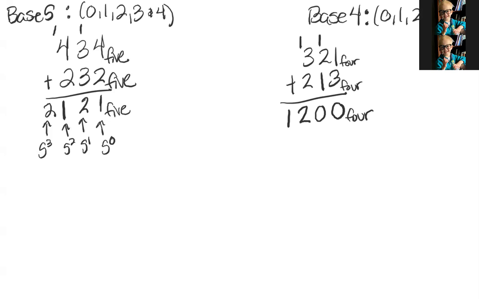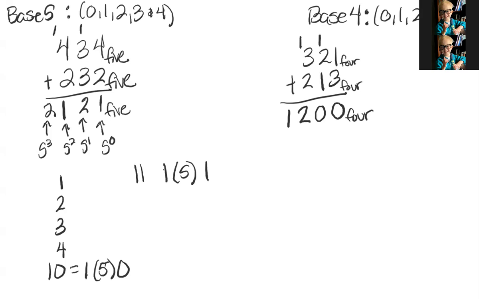Another way to think about either of these, right? We were talking about when we did our choral count, like 1, 2, 3, 4, 10. Well, that's okay, but we can think about this as maybe not 10, but one group of 5 and 0 ones. And then one group of 5 and 1 one.